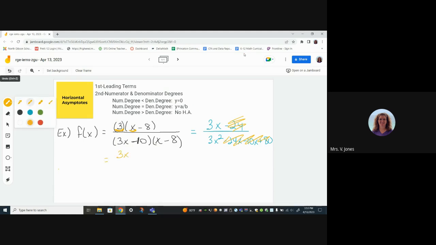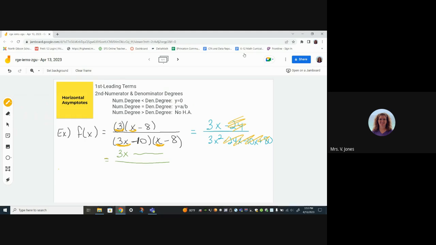I think I'm going to use a different color. And then we would have stuff behind it. When you go down here to the other one, in the 3x minus 10, this variable has the biggest exponent, and this variable has the biggest exponent in each of your factors.